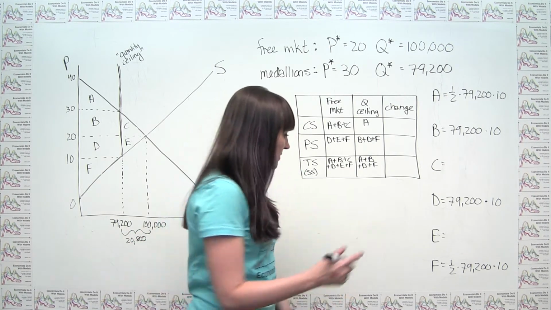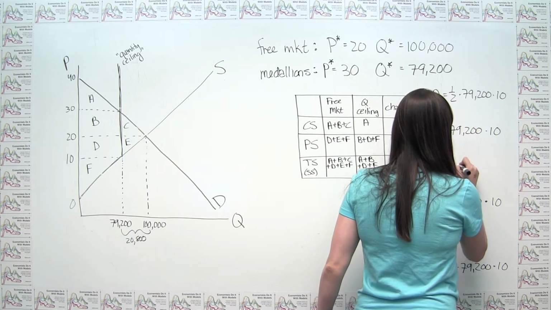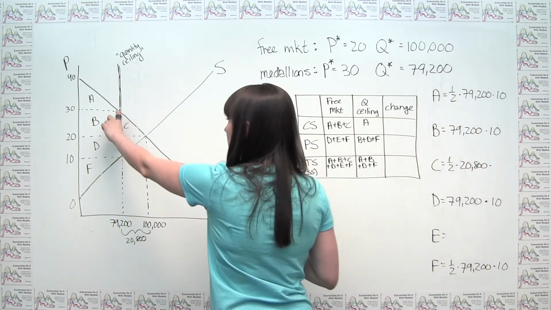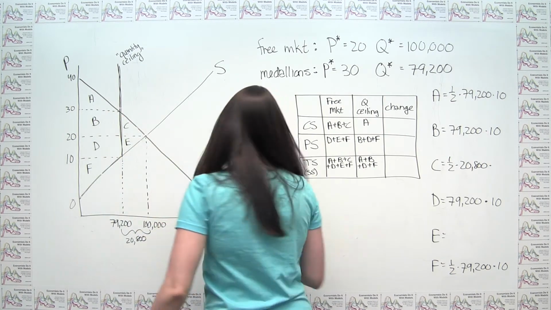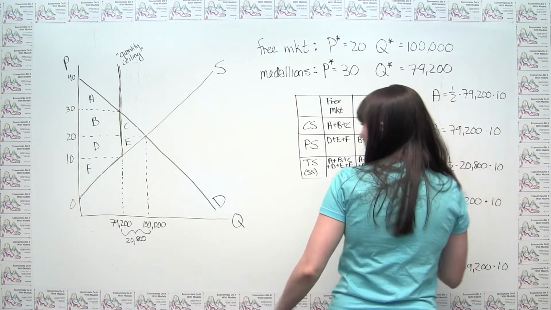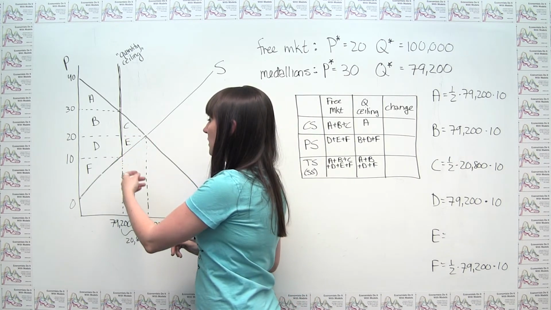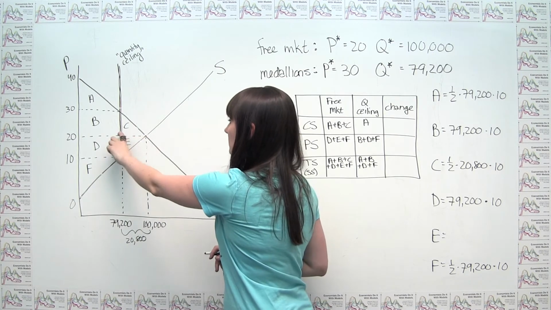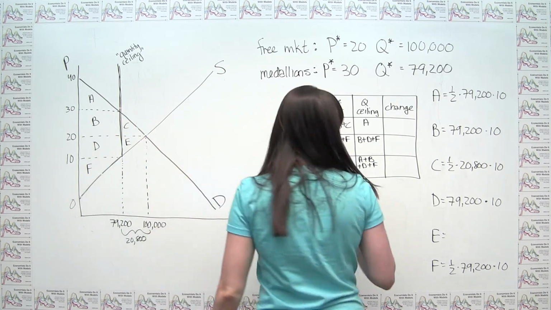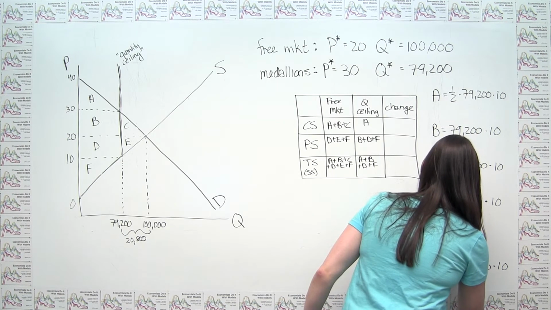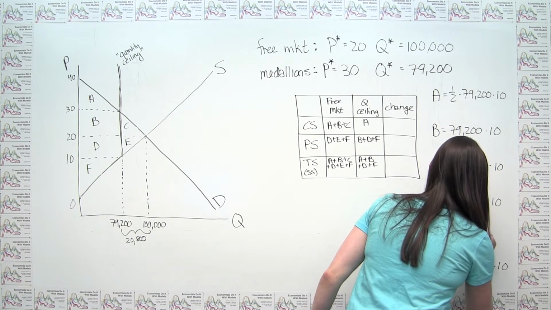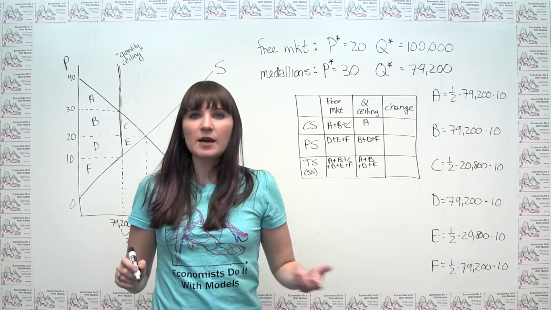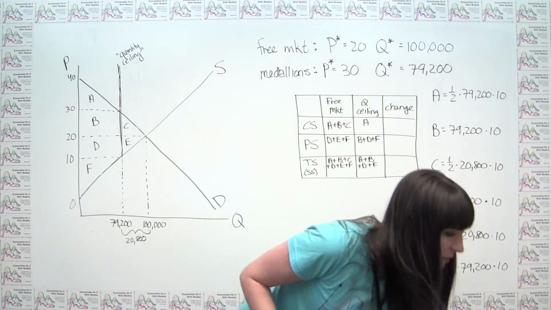So this is 1/2 times 20,800 times a height of 10. Similarly, triangle E is 1/2 times a base of 20,800 times a height of 10.